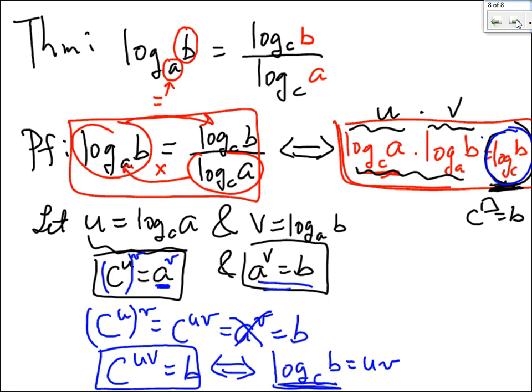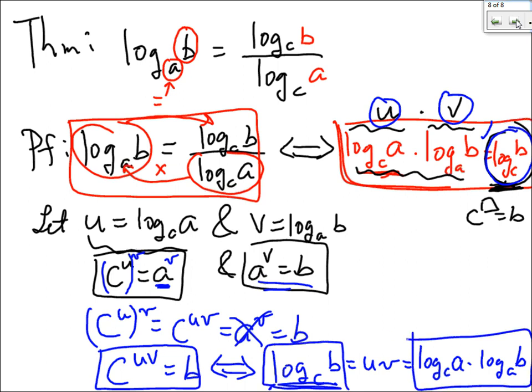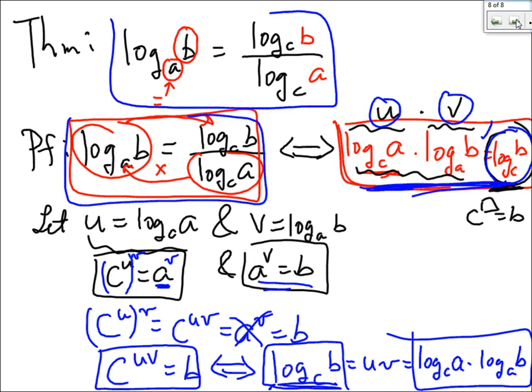I want to show that it equals u times v, because u is log base c of a times v, which is log base a of b. So I did establish that this is equal to this. If this statement is true, then this statement is true. That is, this theorem is true.